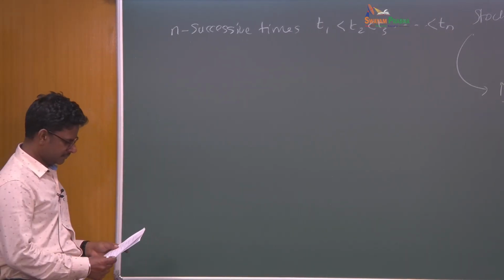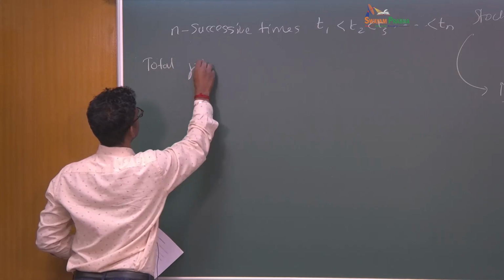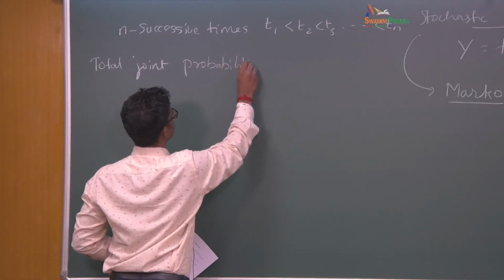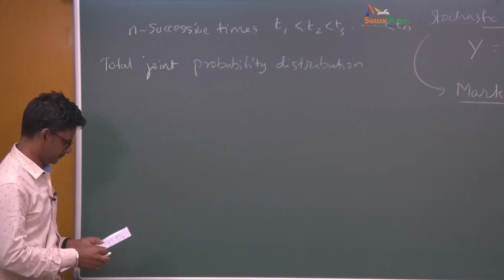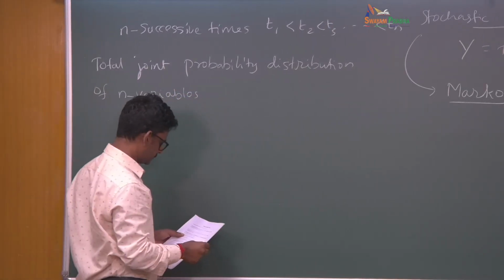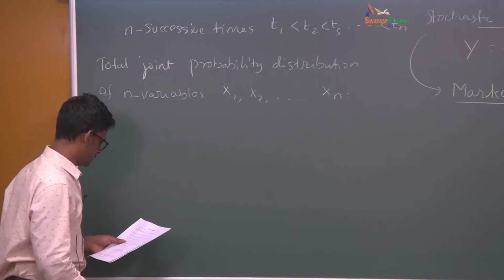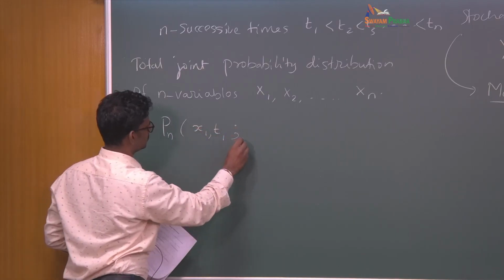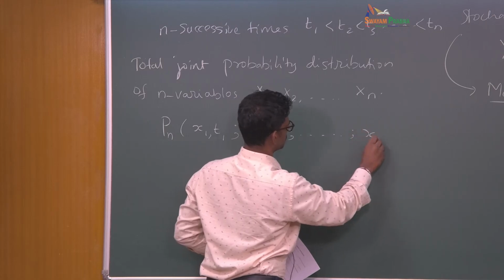So then we say that a total joint probability distribution of n variables x1, x2 all the way up to xn as Pn(x1 t1, x2 t2, ..., xn tn).